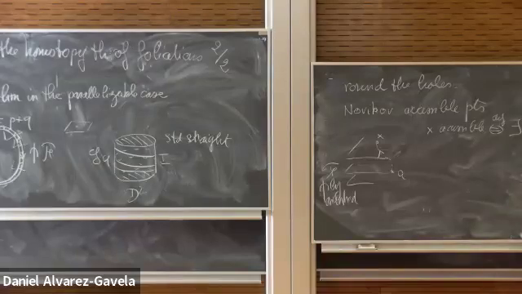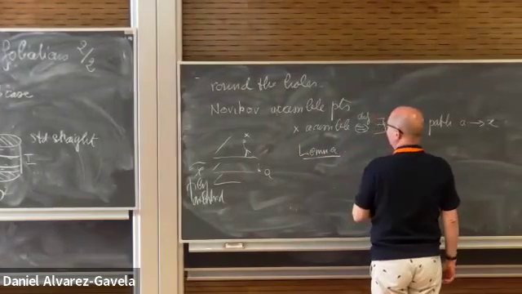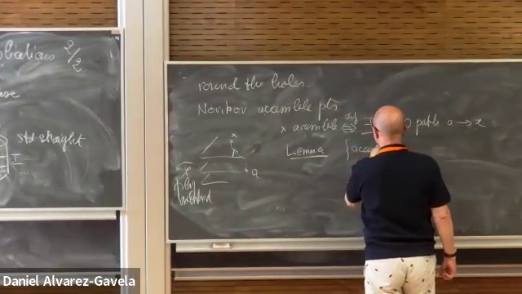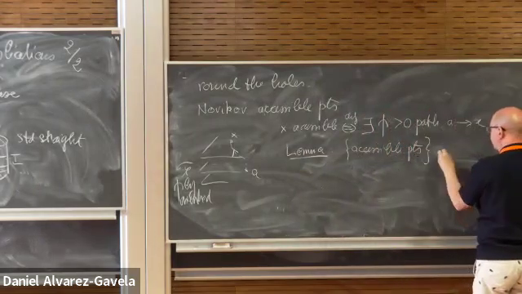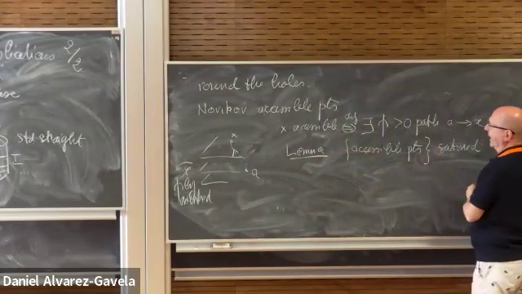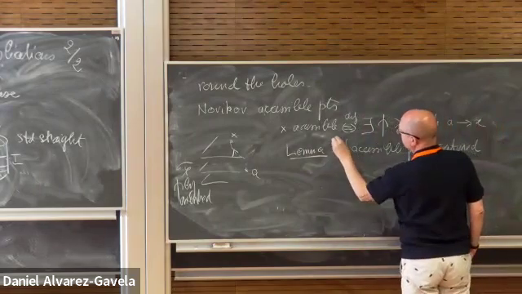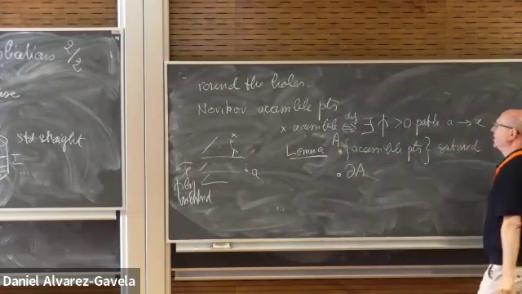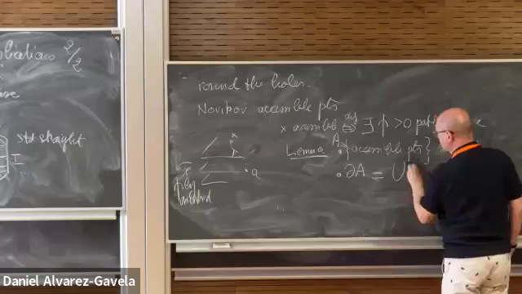So the little lemma is that the set of accessible points is saturated. It means that it is a union of leaves, and its topological boundary in M is a union of compact leaves.